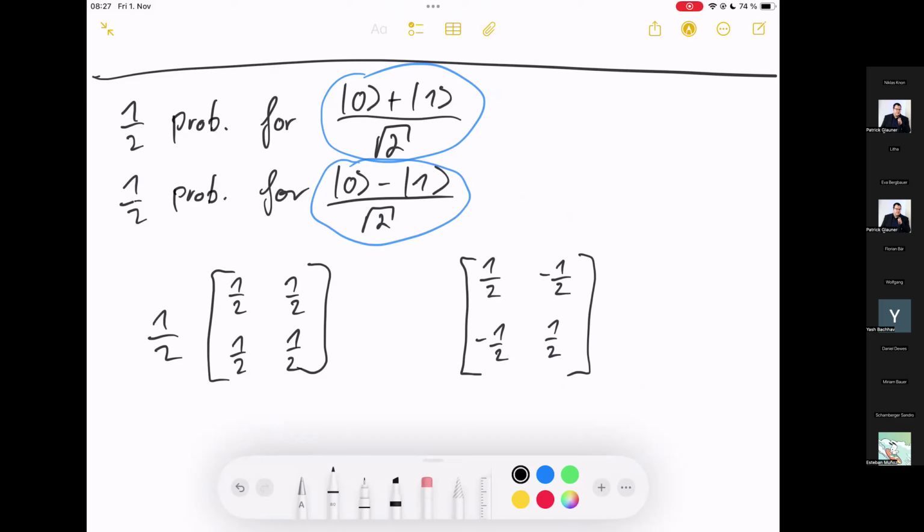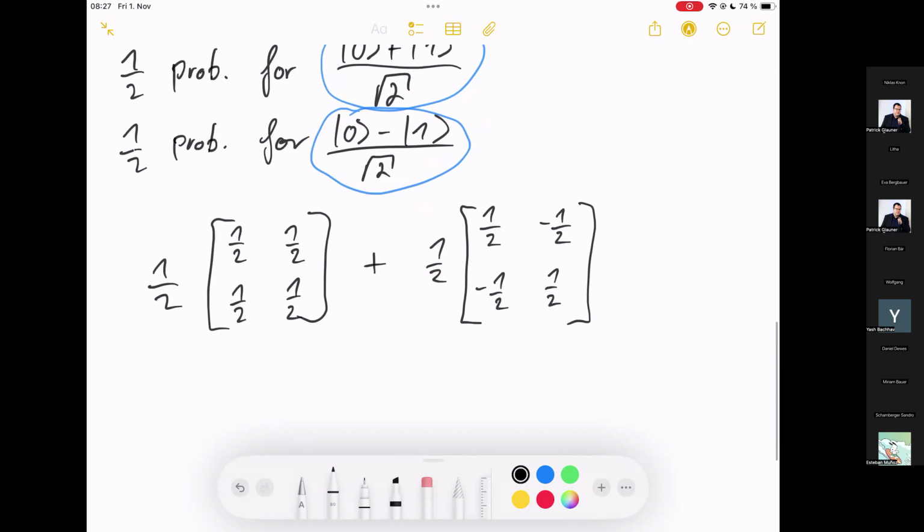And we also have the product of a half, and we sum them together. And if we sum them together, this will give us the density matrix. And summing this together is perfectly easy. So it's a half here, and a half there, and then 0 and 0.